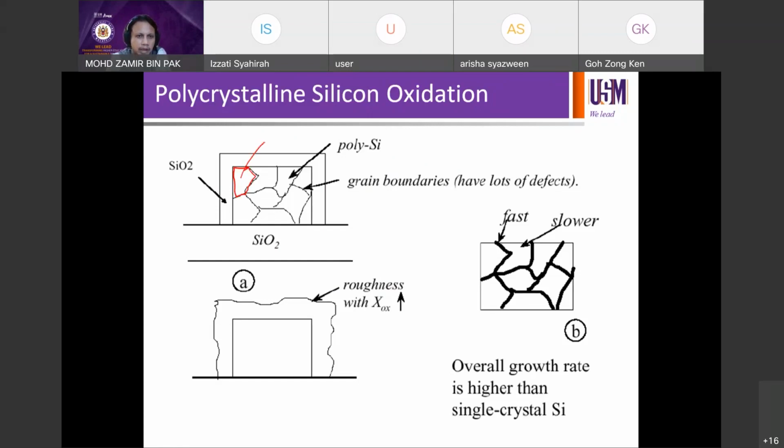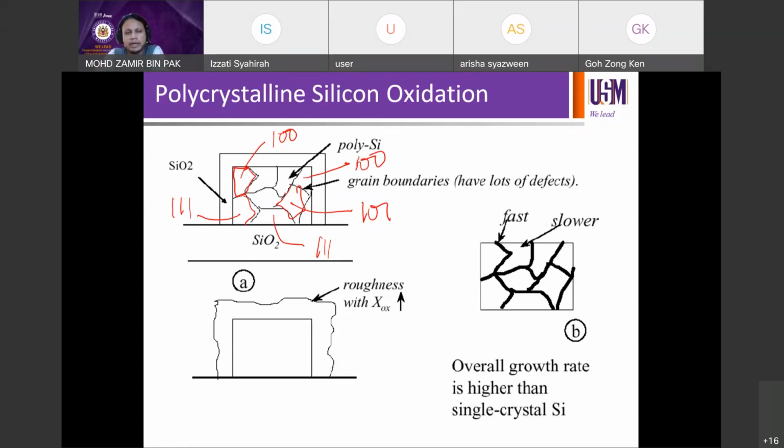This one is say 100, the next grain is probably 111, this grain is perhaps 101, and this is again perhaps 100, this is 111. So you can have any sort of combination depending on the growth process.